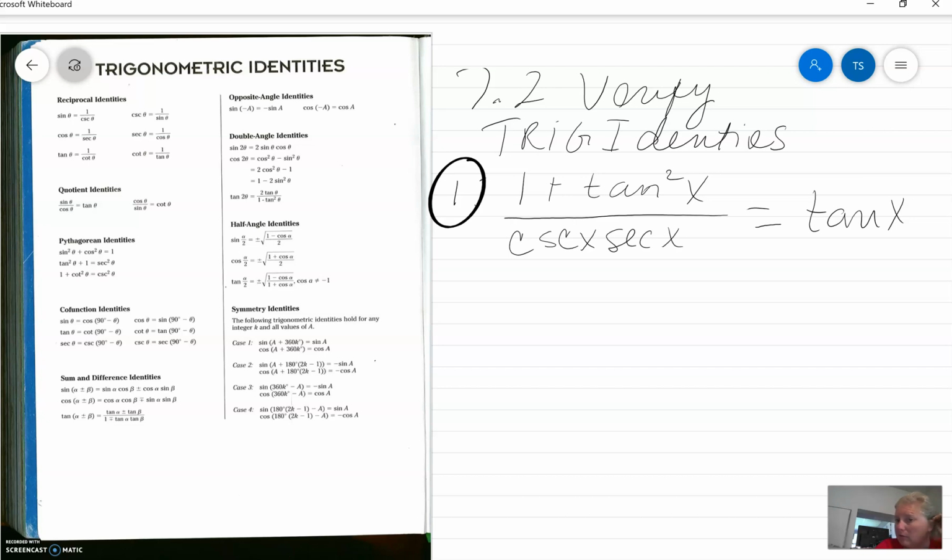We did simplifying in the last section, and it was very simple stuff. Mainly, I always recommend you start with secant and cosecant and try to switch them. But sometimes something else stands out to me, like this 1 plus tangent squared.